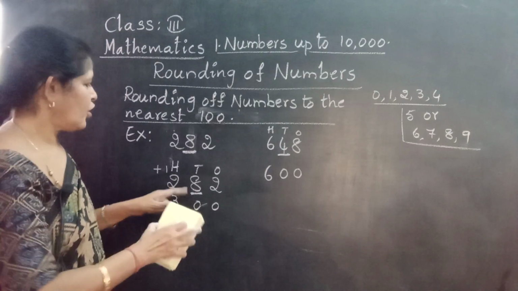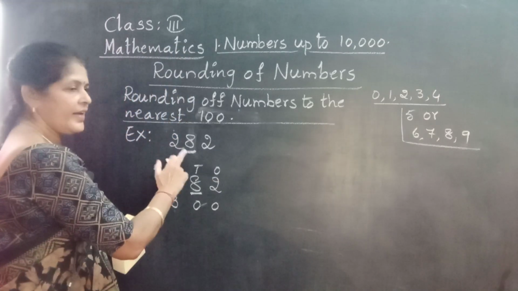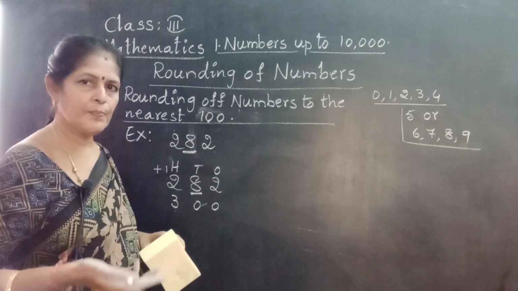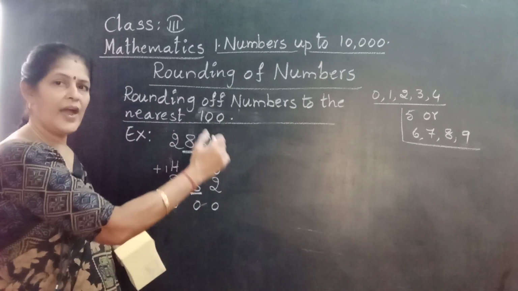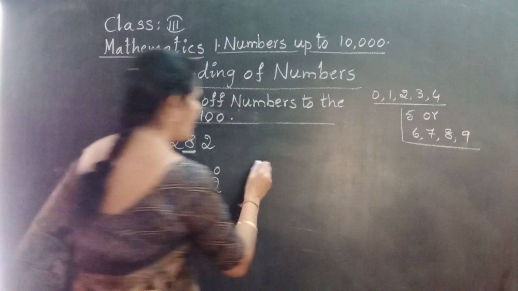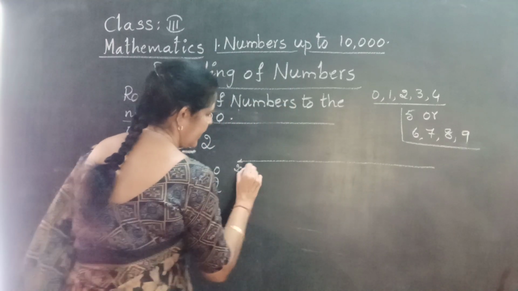Understood? Now I am going to show this number on the number line. 282 lies between 200 and 300. Draw the number line from 200 to 300.